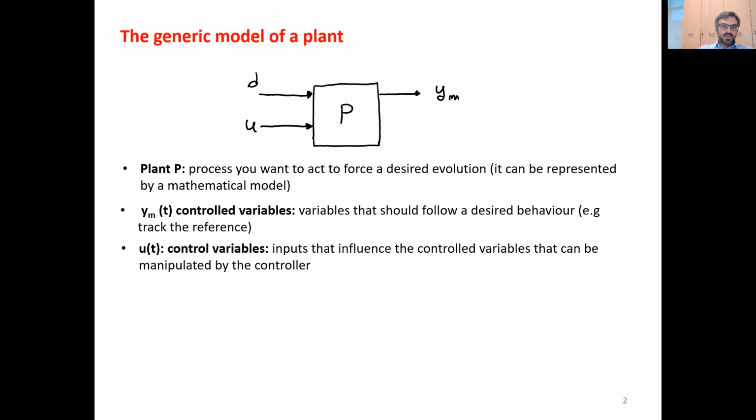So these are the inputs to the plant that affect in some way the controlled variable and can be manipulated by the controller. This will be the output of the controller. If the control variable is not able to affect the controlled variable, then it means we have no controllability and we cannot design a controller.